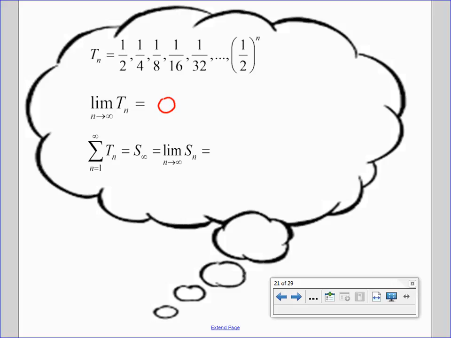They need to be shrinking towards 0 quickly enough such that the partial sums converge to a particular value, and then the infinite series will exist. The infinite series we denote by S sub infinity. That's the limit of the partial sums as n goes to infinity. And we already saw, for this particular one, that was 2 to the n minus 1 over 2 to the n, and we did a bunch of work here.